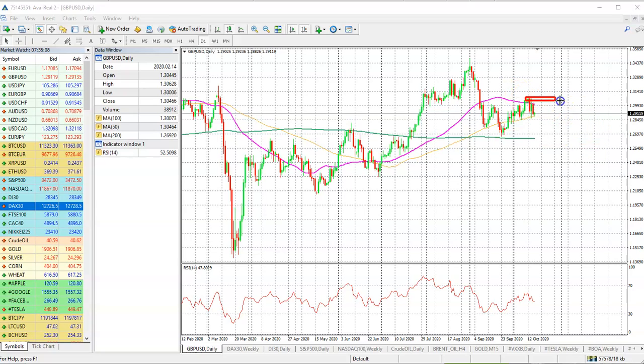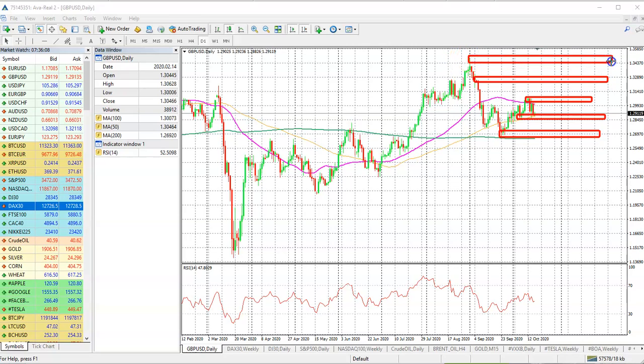So once again, let's draw those zones. This is your support 1, this is your support 2, this is your resistance 1, followed by your resistance 2 area, which is going to be here, and the third resistance area will be at 134.